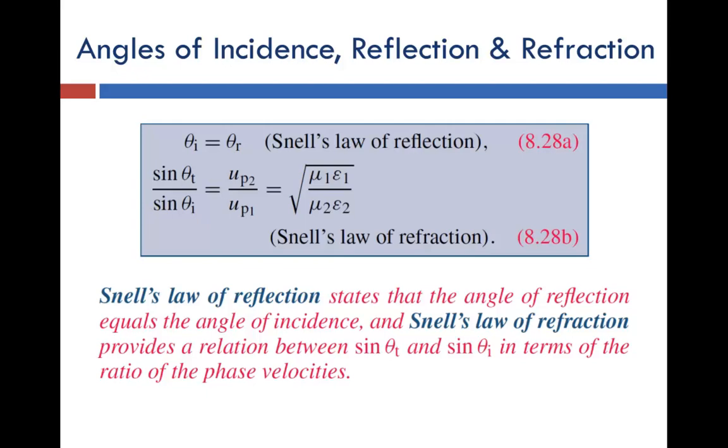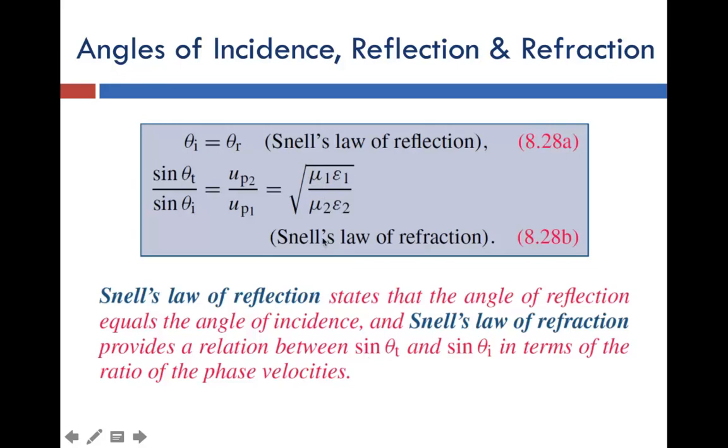Then using the relationships between phase velocity and mu and epsilon, we can substitute the material properties, so that we get transmission and incident angles as a function of the material properties only. So this is Snell's law of refraction.